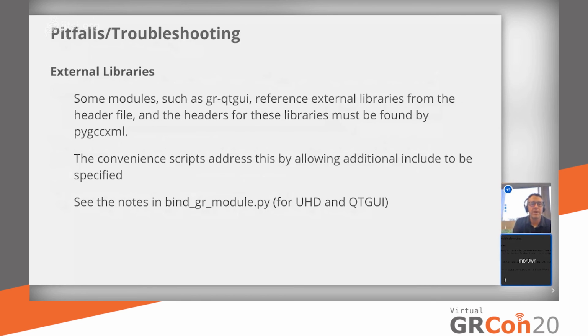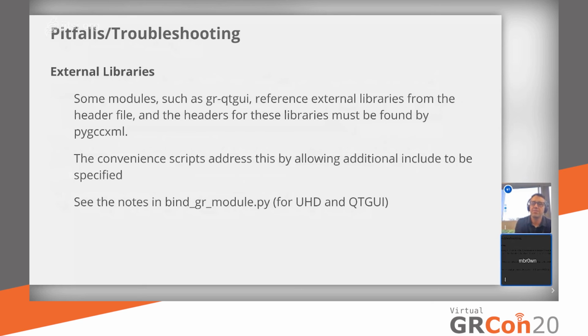And I guess the other one I want to highlight here is using external libraries. Some modules, GR QT GUI, and any out-of-tree modules that are based on GR QT GUI, reference external libraries. The way PyGCCXML works is it does a compilation of the header file against whatever external libraries are referenced there.